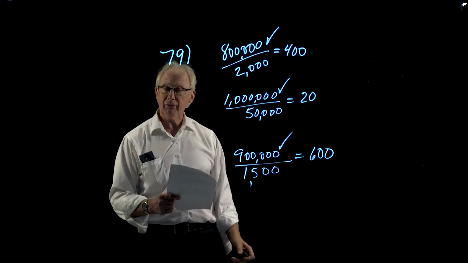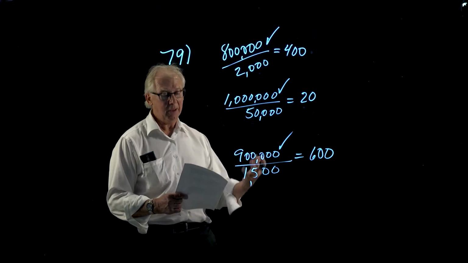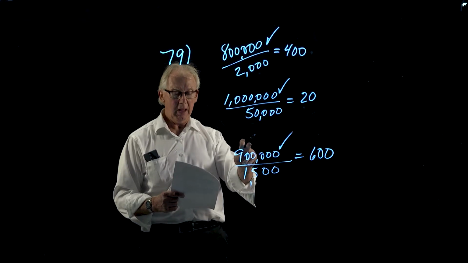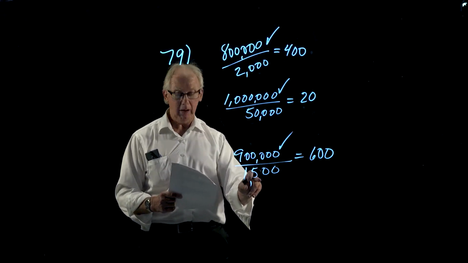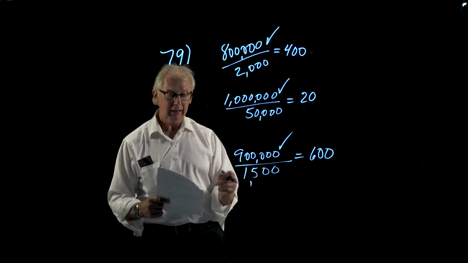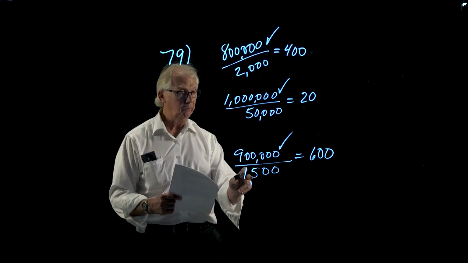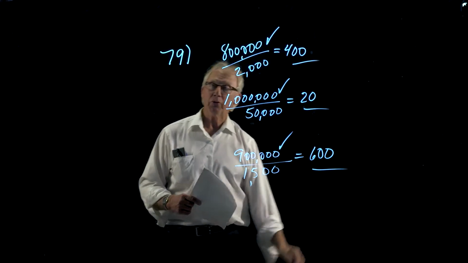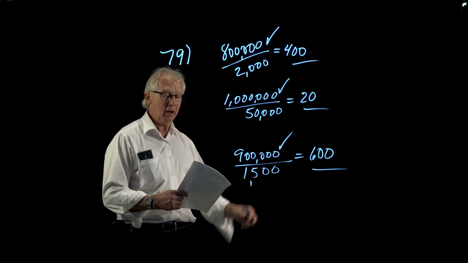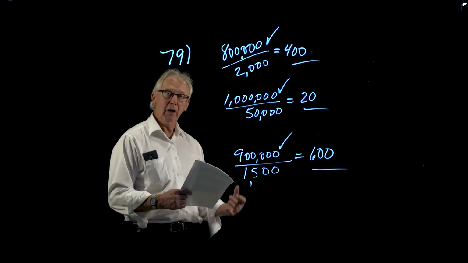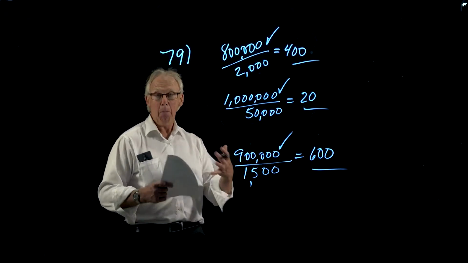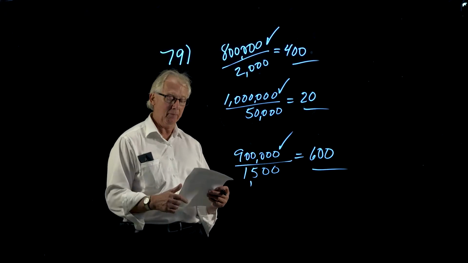Then we do the same thing for testing: $900,000 total overhead for testing, and the expected moves for testing is 1,500 moves. So basically, you've got yourself three rates: a rate for ordering and receiving, a rate for mixing, and a rate for testing. Multiple rates, not just one.